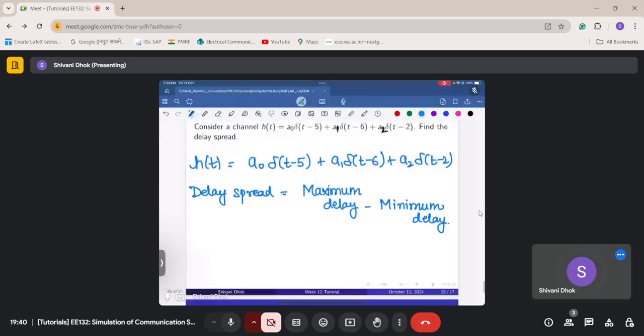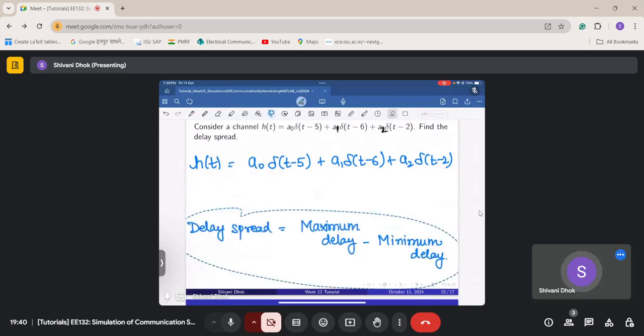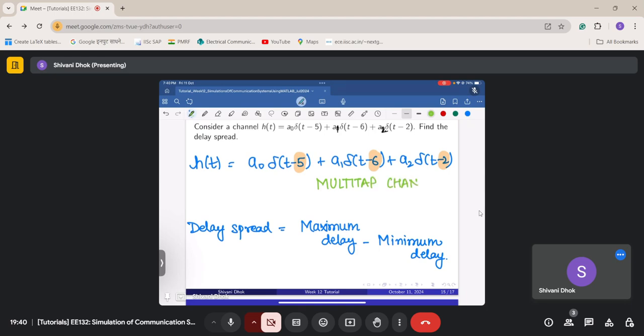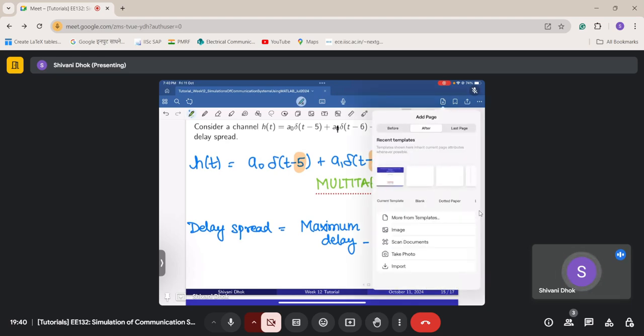Okay, so this channel has three delay components. We have three different delays which constitute three different taps. Such a channel is known as a multi-tap channel. How can you visualize it?